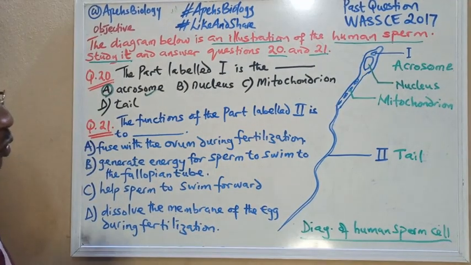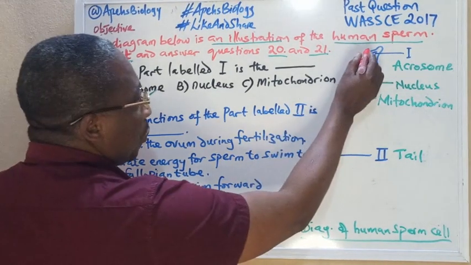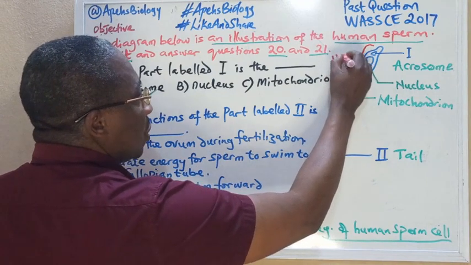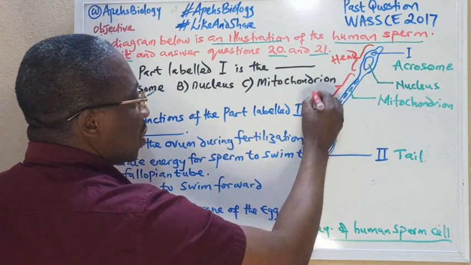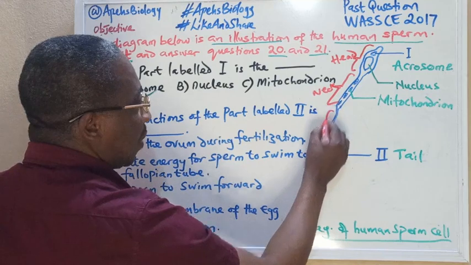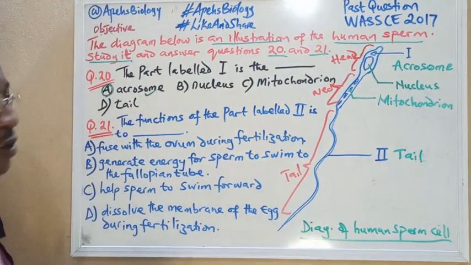So basically, when you look at this structure of the sperm cell, in case of an examination in future, this region from here to here like this is popularly called the head, while this place to here to this point is called the neck, and then the entire length from here down like this, all right, is known as the tail. So we have studied it.